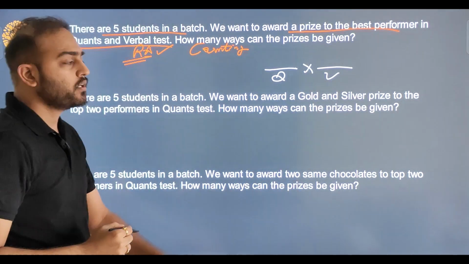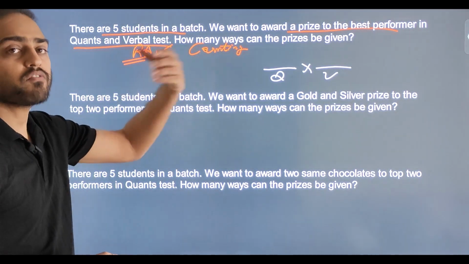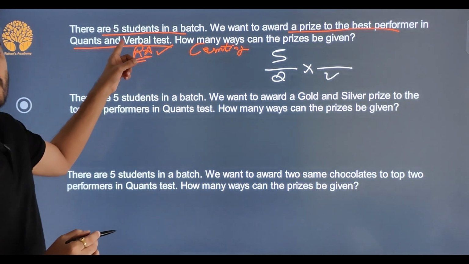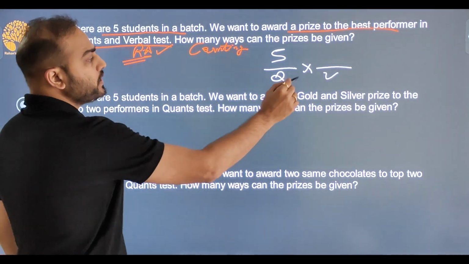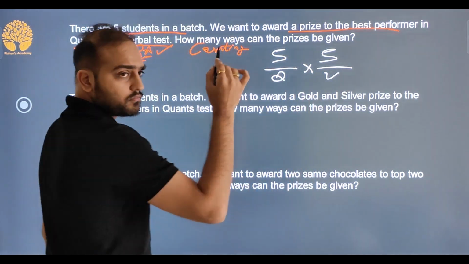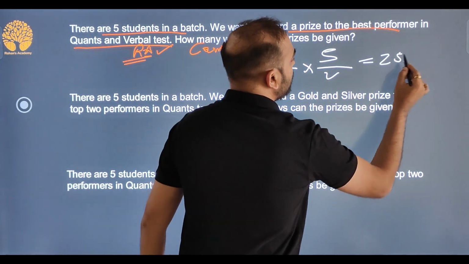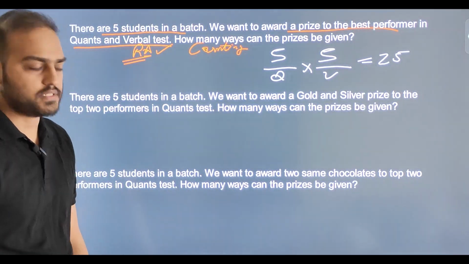Because there is an and, multiplication will come. Now how many options are there for me to give a prize for quant test? 5 options, because I can give the prize to any of these 5 students. Similarly for verbal, again same 5 students, so total 25. So total I have 25 options.